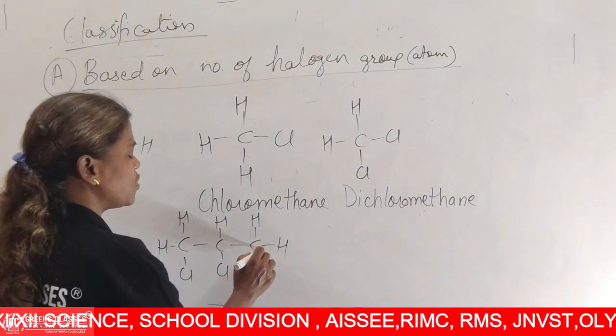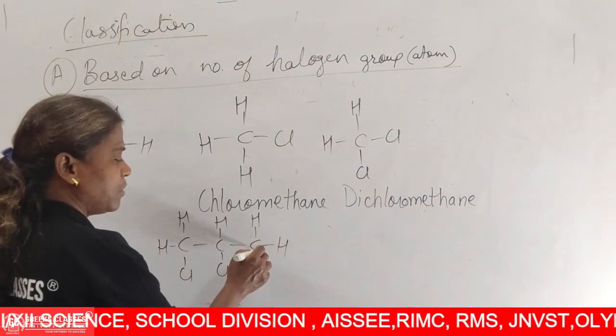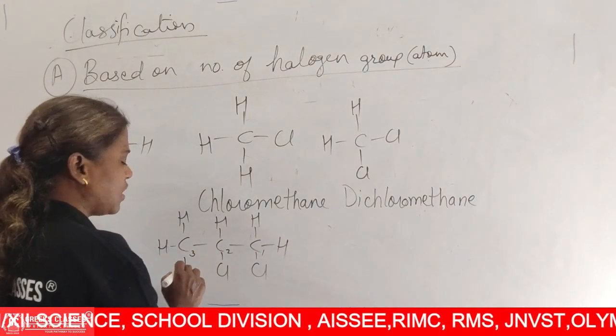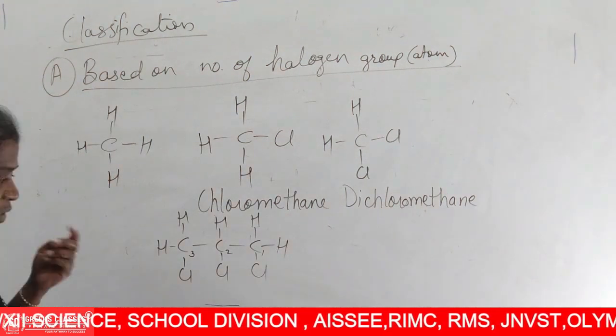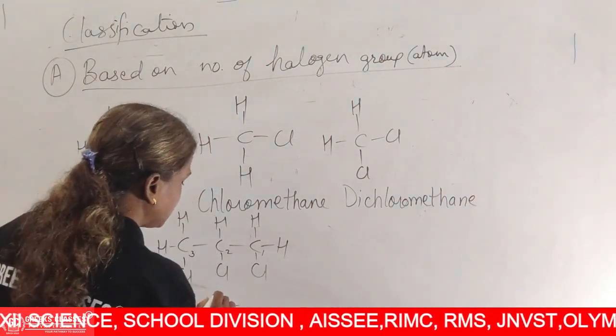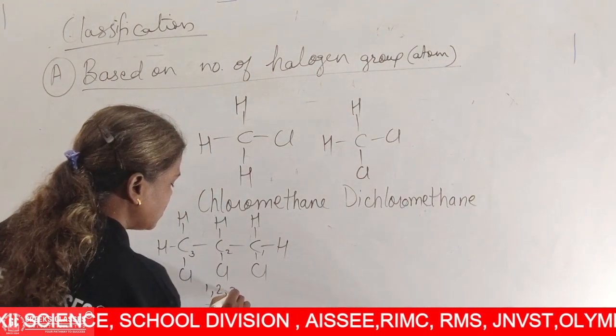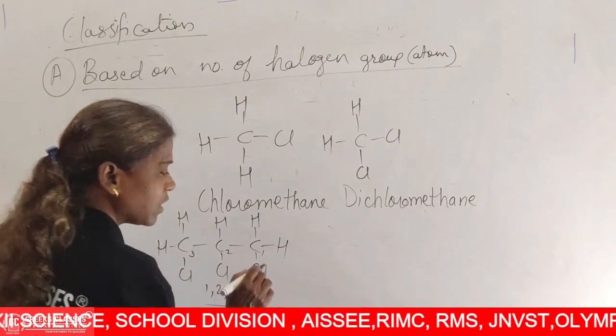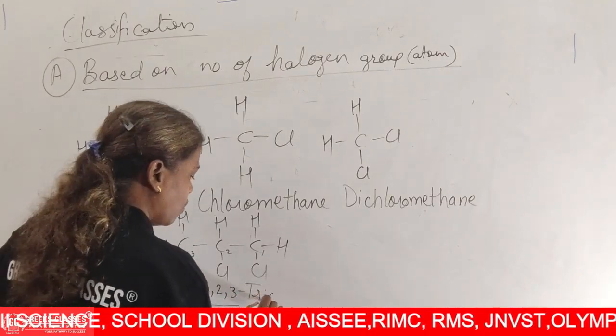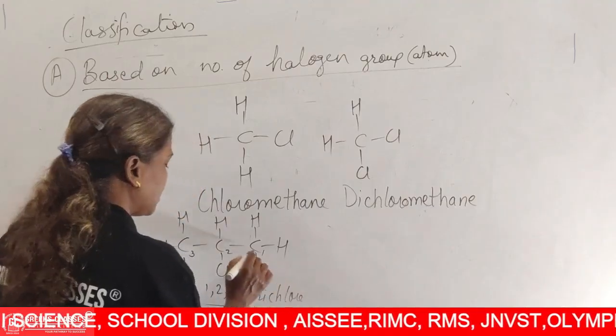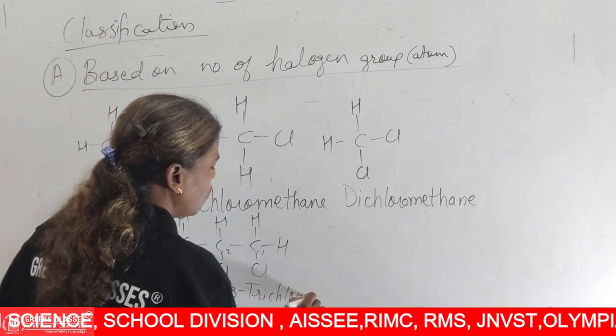My first job while writing the name is to number them. So I would write this as 1, 2, 3, and all of them are chlorine only. So trichloro, and there are 3 carbons, so trichloropropane.